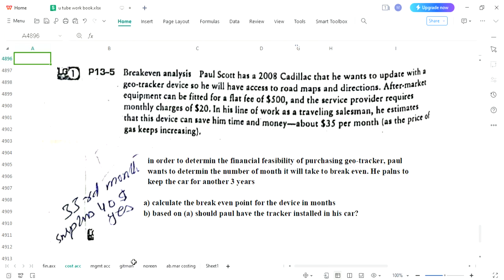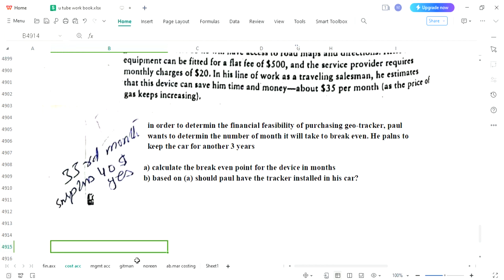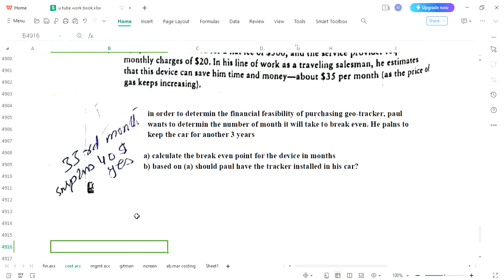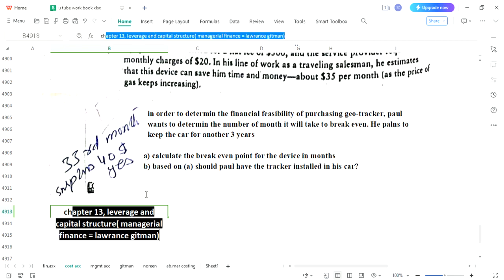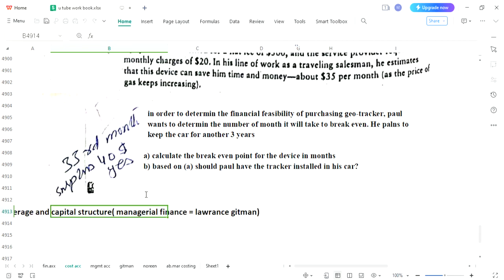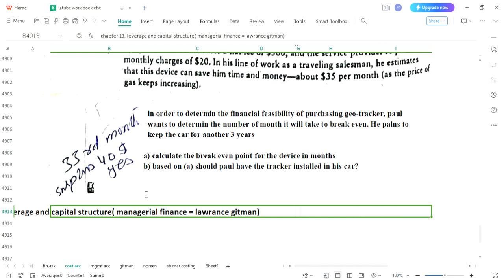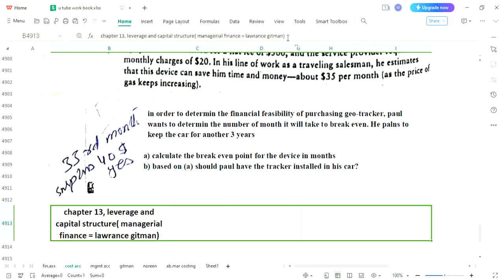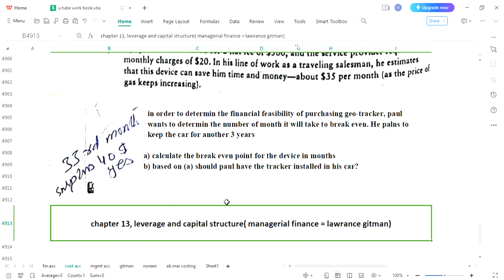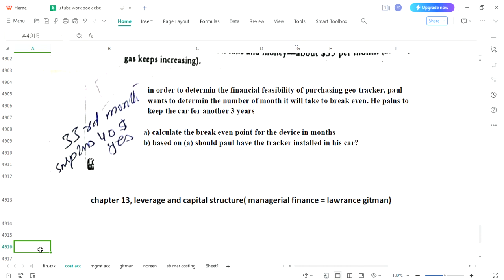Since we have started this book, and as you know it's chapter 13, this chapter is considered very important in terms of a manufacturing concern, where we calculate leverage, break-even analysis, and several other factors besides it.